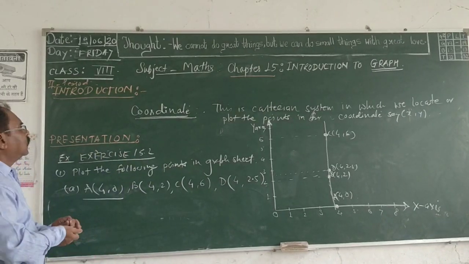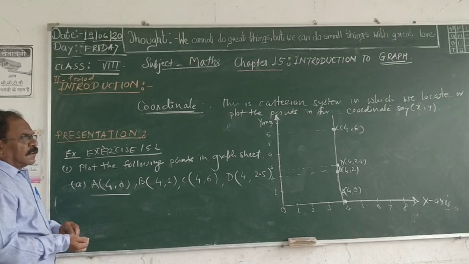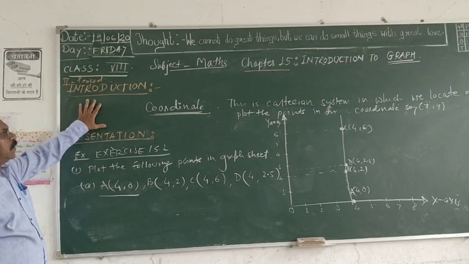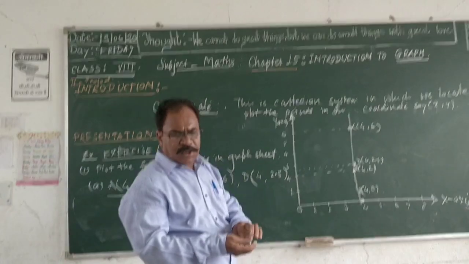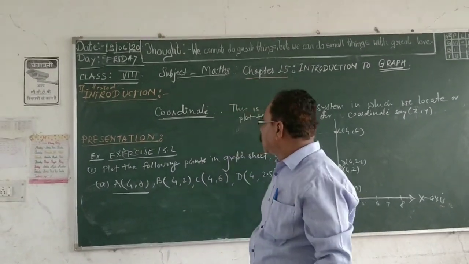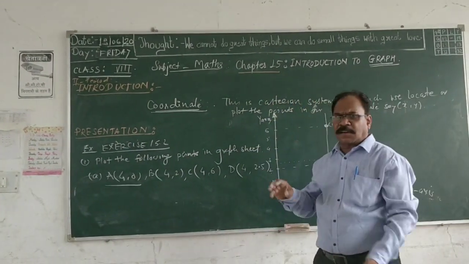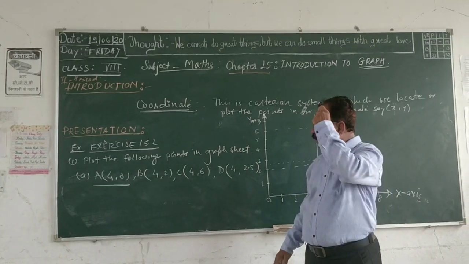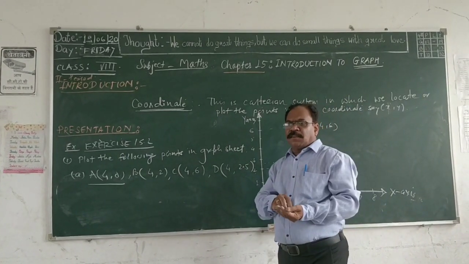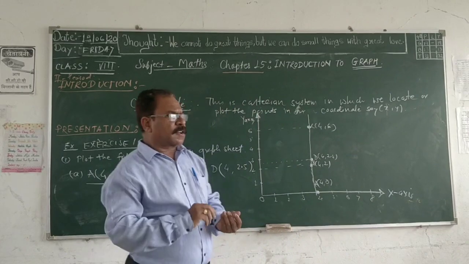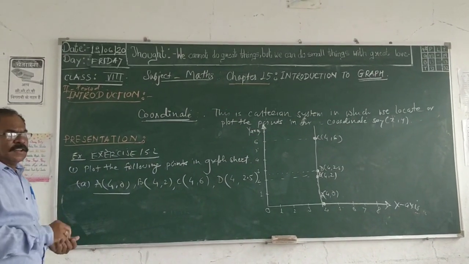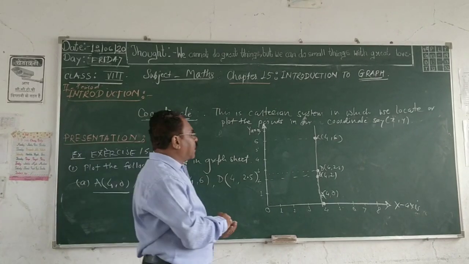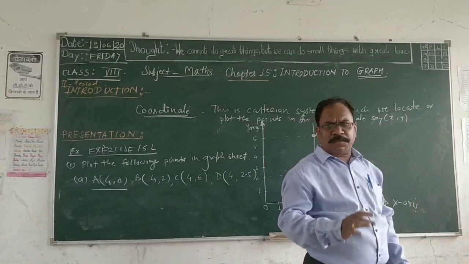Okay boys? So this is the content which we have learned. We can summarize it in a few words. First we learned the types of graphs: first a bar graph, second a double bar graph, third a pie chart, and fourth a line graph.